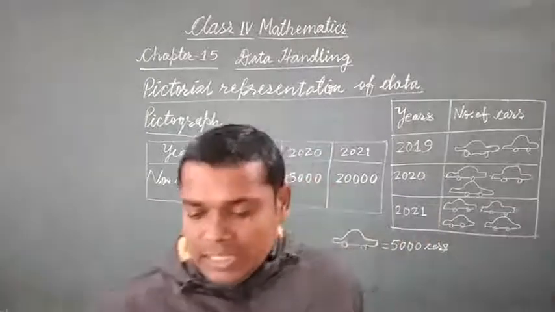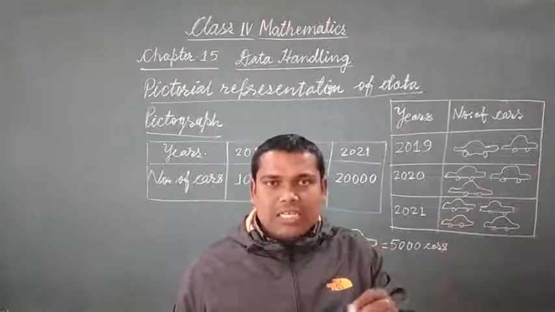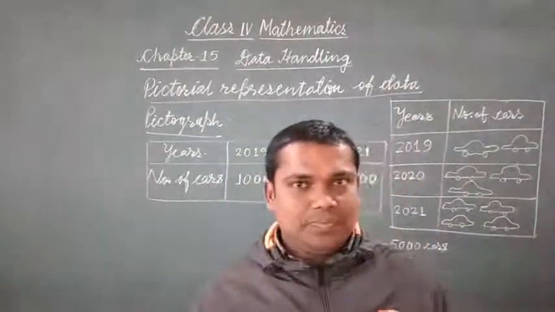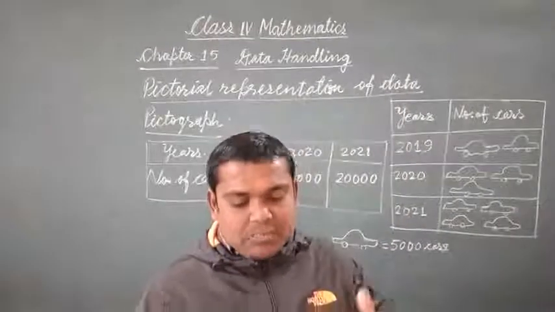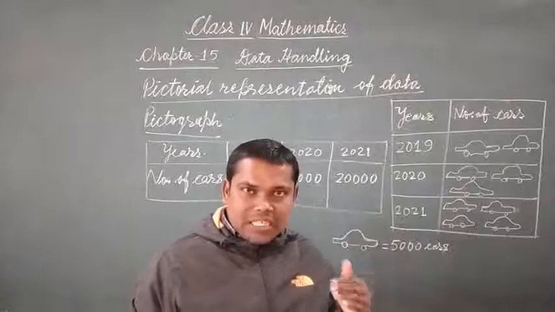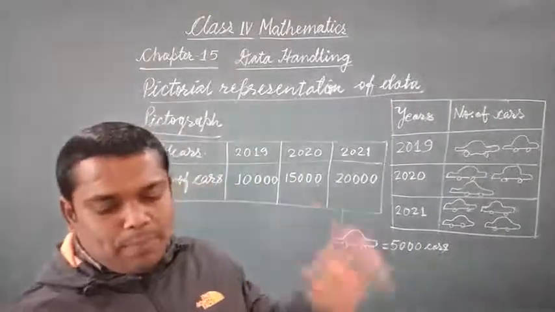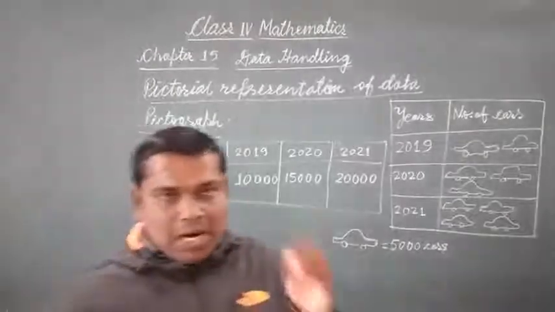That's why we use bar graphs to represent numerical data, which is more convenient and less time consuming. Means a pictorial representation of the numerical data by a number of bars.